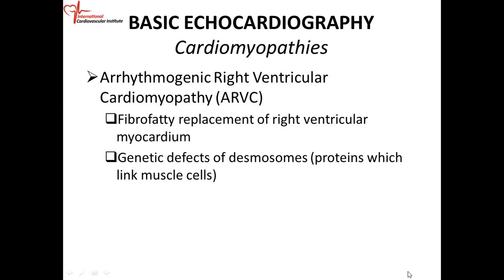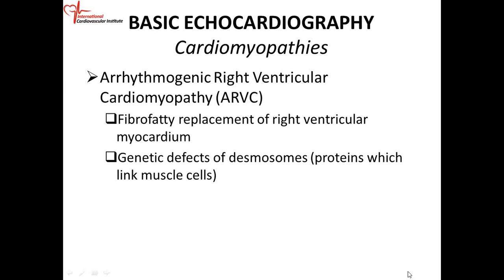And what it is, is fibrofatty replacement of the right ventricular myocardium. As you recall, the function of the heart is to pump, and you need muscle, which contracts and relaxes, which brings about the pumping function of the ventricles.